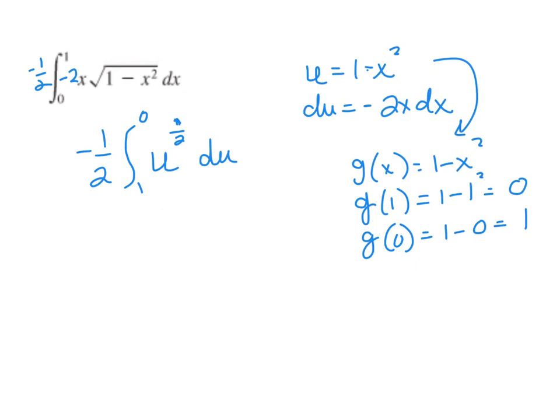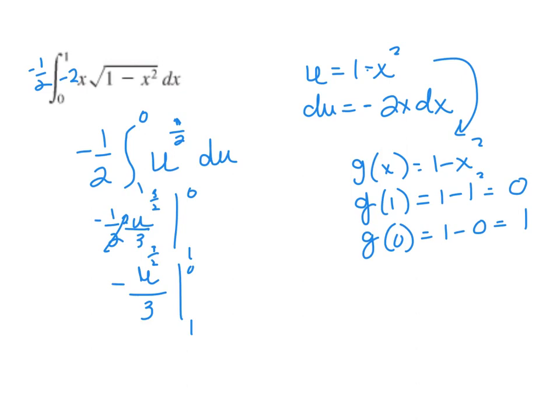So I'm going to integrate. So I have a negative 1/2 times u to the 3/2 times 2/3. The 2's cancel. That will be from 1 to 0. So this is negative u to the 3/2 over 3 from 1 to 0.